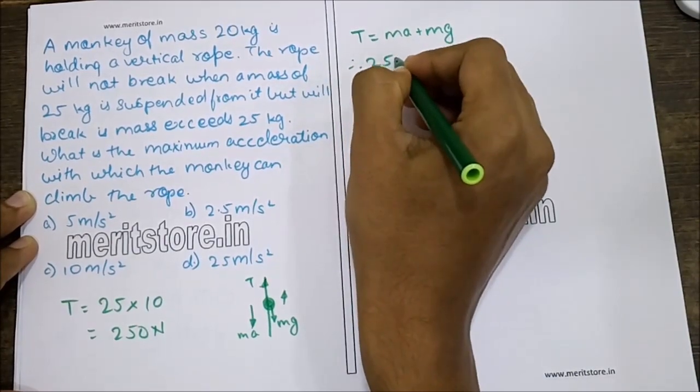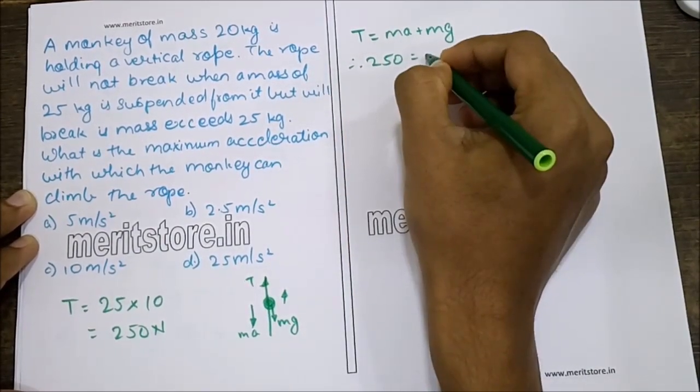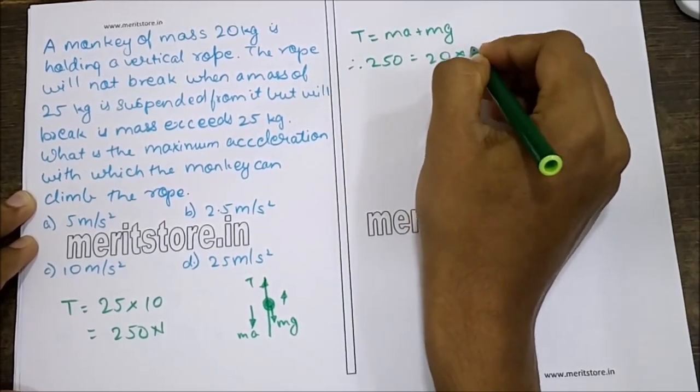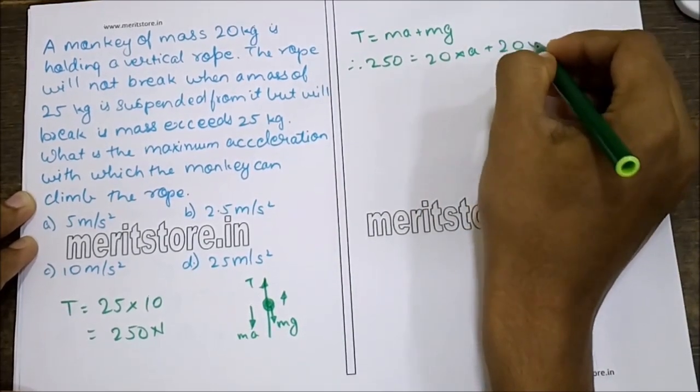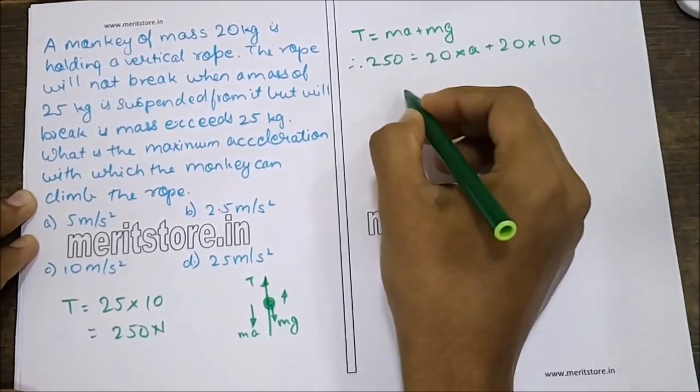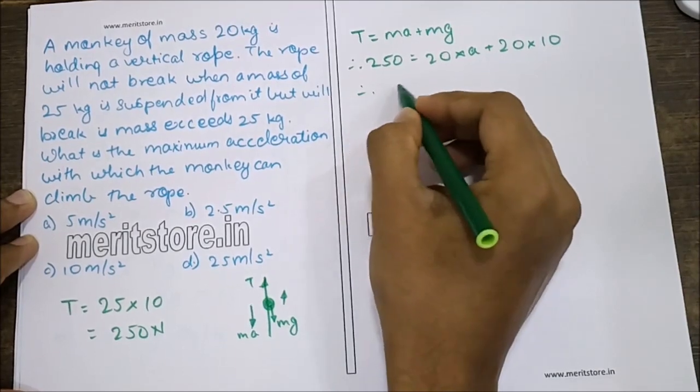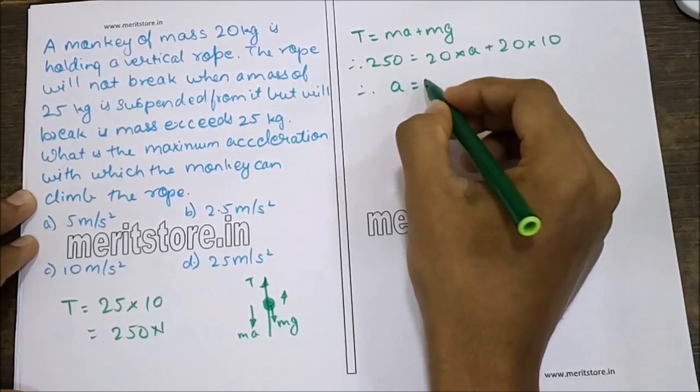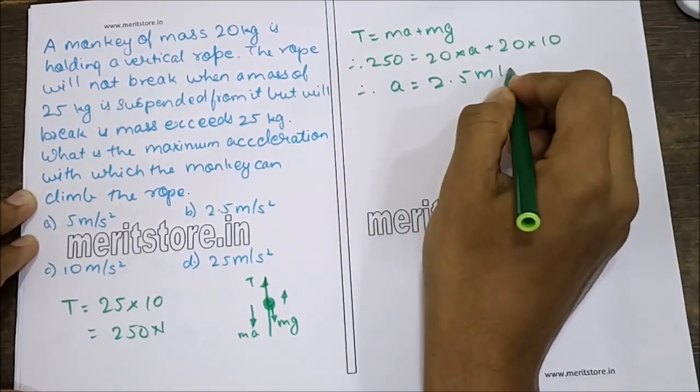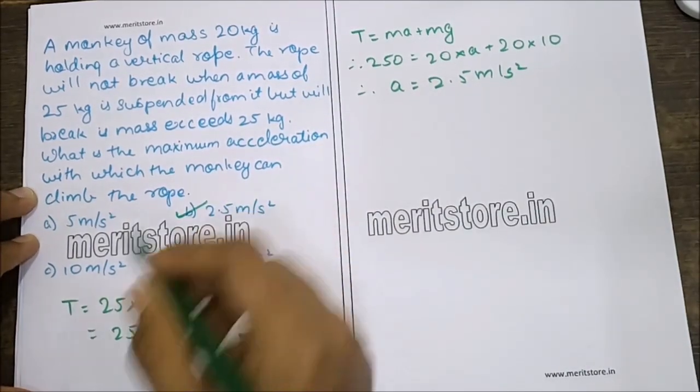Therefore 250 equals the mass of the monkey, 20, times a, plus 20 times the acceleration due to gravity, that is 10. Solving for a, we get the value of a as 2.5 meters per second square. Hence, option B is the correct answer.